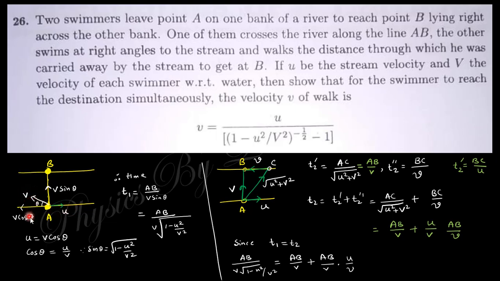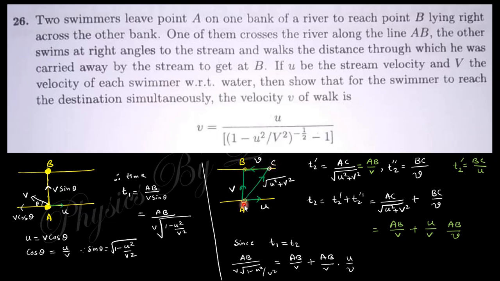If you take two components, the cos component and the sine component, the cos component must be equal to the stream velocity, and the remaining sine component goes along the direction AB. Equating these two, you find the value of cos theta, then you get sine theta, and with this velocity you get the time, that is distance by velocity. Simple. Now in the next case you can see the actual path will be like that.